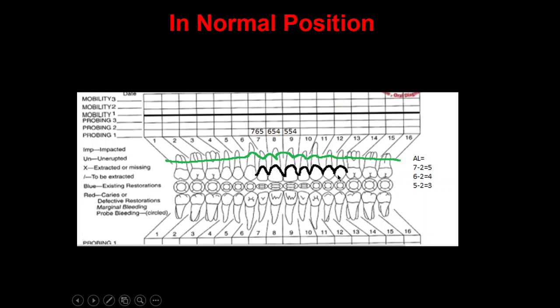So for the area of the 7, it will be 7 minus 2 equals 5, so the attachment loss here is 5, and the attachment loss here is 4, and the attachment loss here is 3.